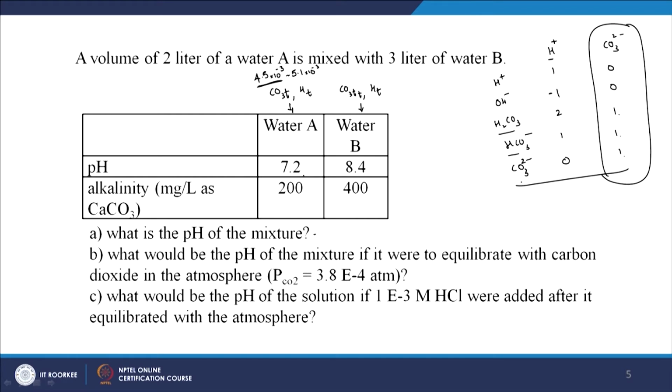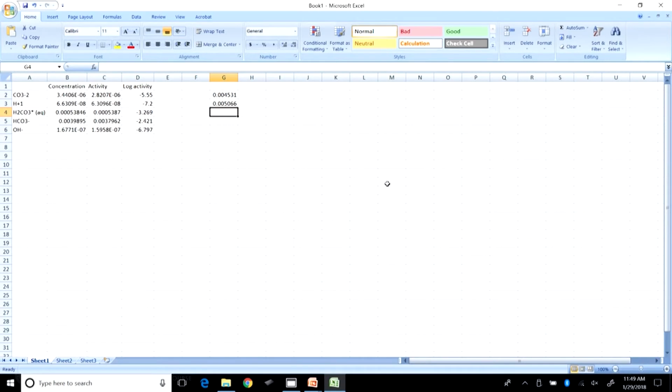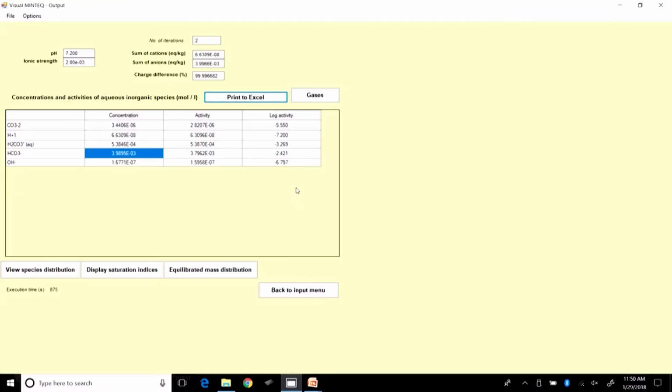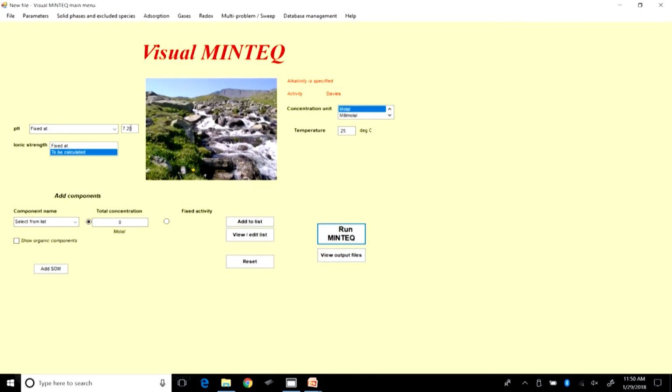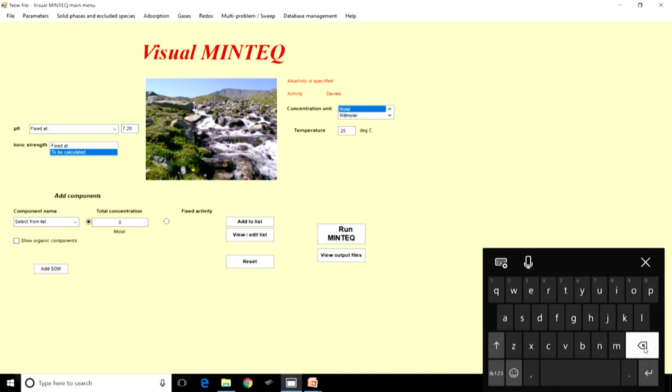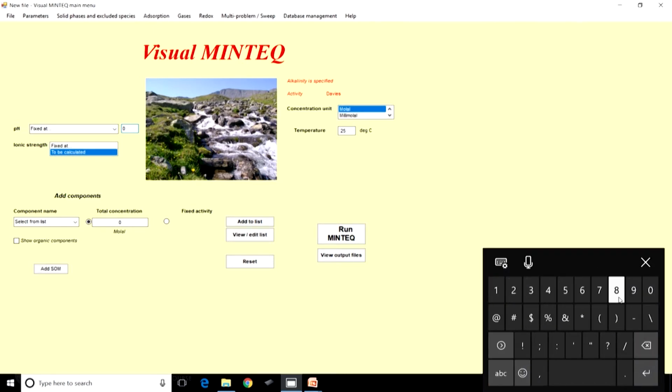Now, we need to repeat the exercise for solution B, and what do we have? 8.4 and 400. So, let us just close this Excel and we will move on to vMinTech here, back to input menu, and now I need to change it such that this particular pH is now 8.4, right.